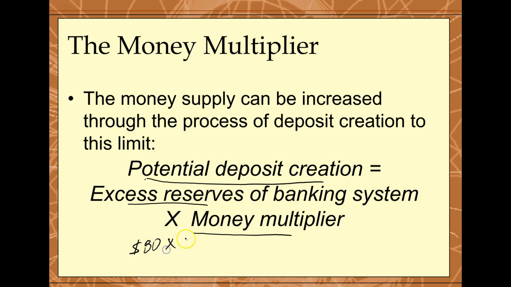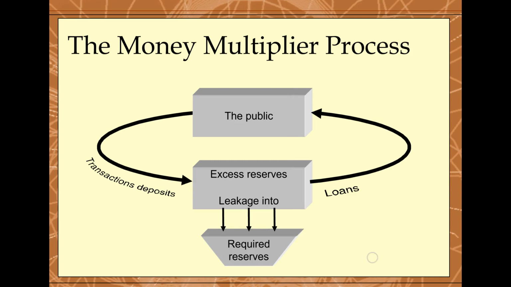The money multiplier is 5, therefore the money supply can grow to $400. And we can see this going through the system, right? Loans are made out, those loans are deposited back into the system, and it continues, and ultimately the money supply is going to grow by $400.